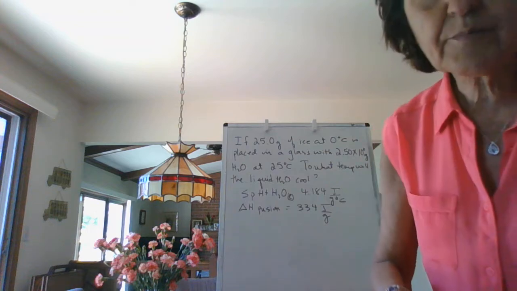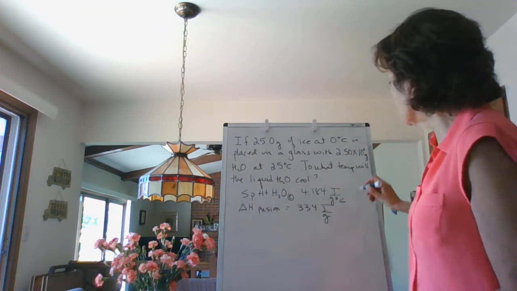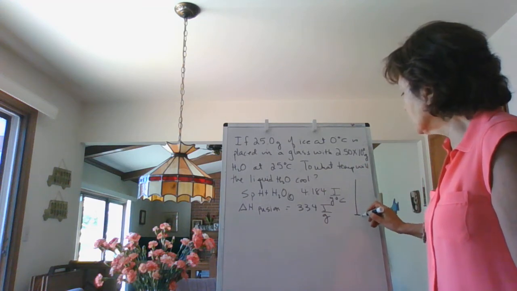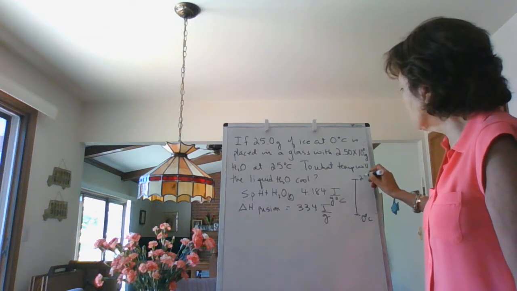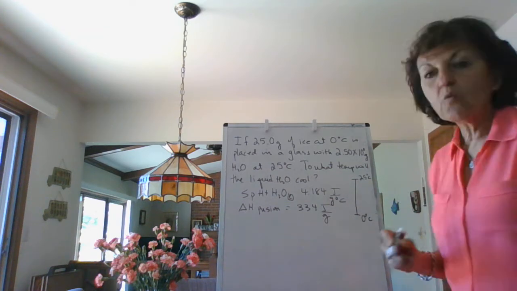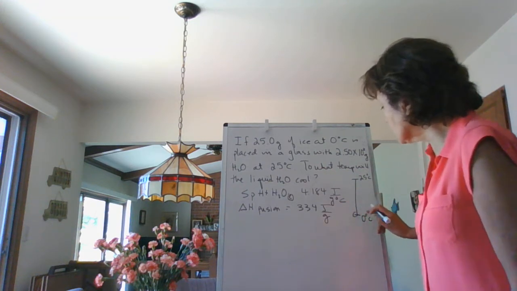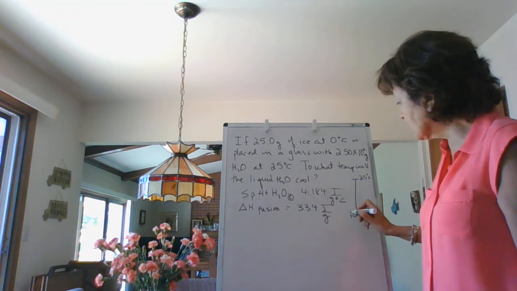So the way I approach this, just like I did with the previous problems in the other videos, I draw a little line and I say, okay, my ice is at 0 degrees Celsius. My water is at 25 degrees Celsius. What has to happen? Well, the ice first has to melt. So you have to do the delta H of fusion. So that's one step.